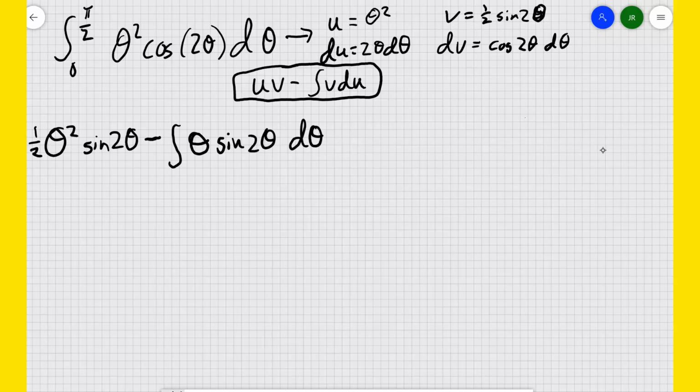Okay, now this is why this problem is so hard, because now I've got another integral that is also, in my estimation, going to require integration by parts again. So let me take this and integrate it by parts over here.